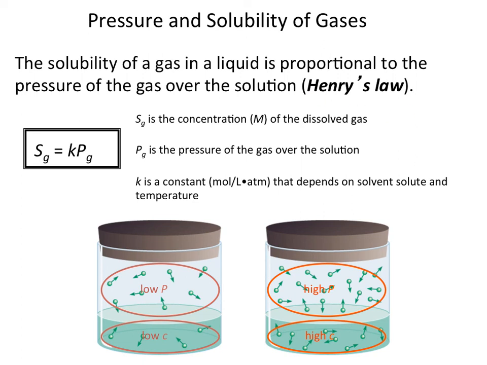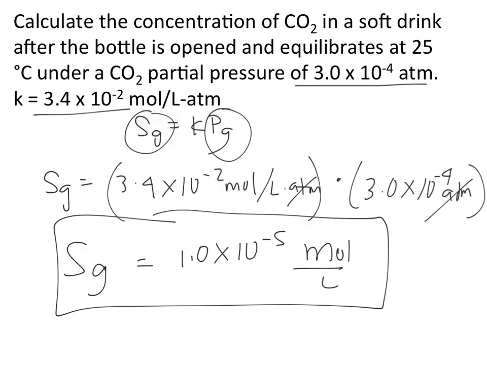So Henry's law will allow us to figure out things like the concentration of the gas in a solution given a specific pressure. What we're going to be doing here is calculating the concentration of CO2 in a soft drink bottle.